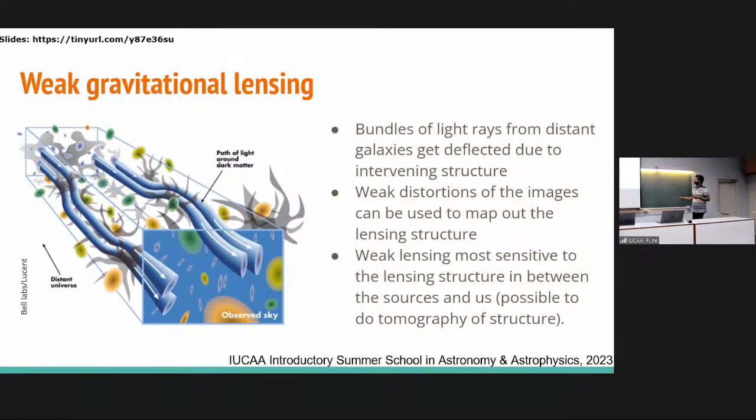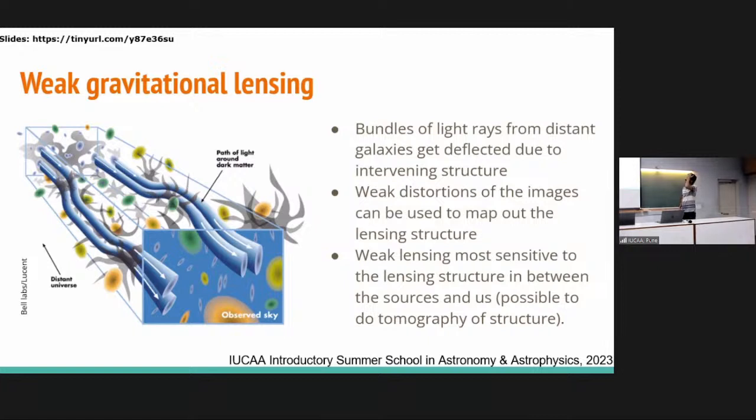Now, weak lensing, because of this critical surface density, is most sensitive to structure which is roughly halfway between the observer and the source. So lensing structures which are halfway between the source and the observer are the most efficient in carrying out this lensing.